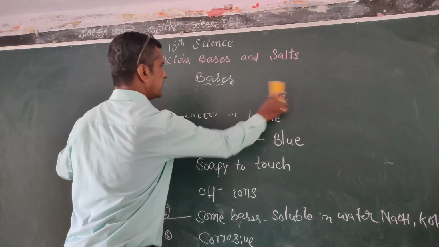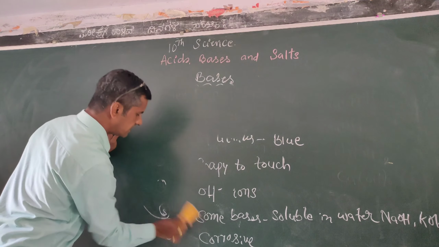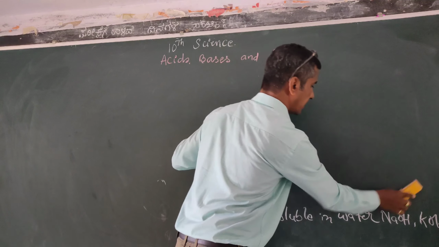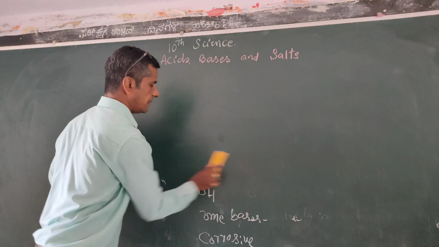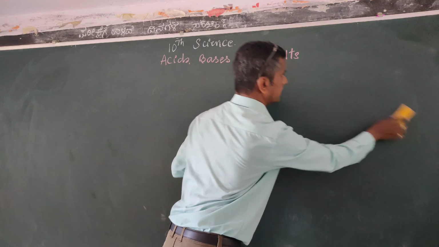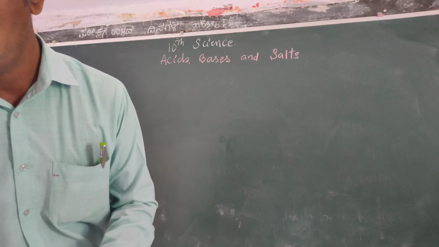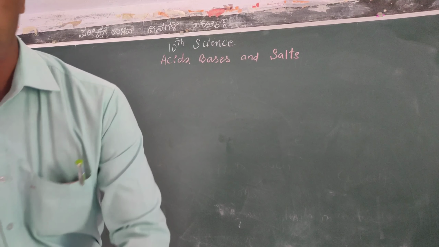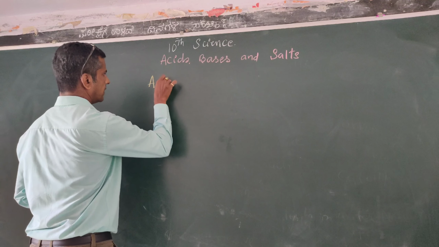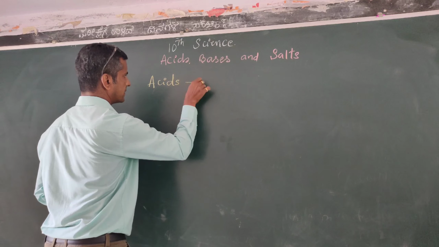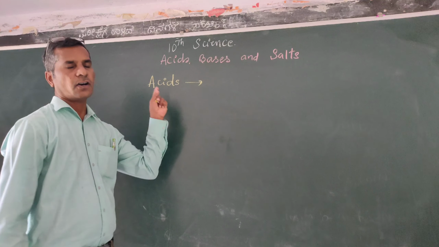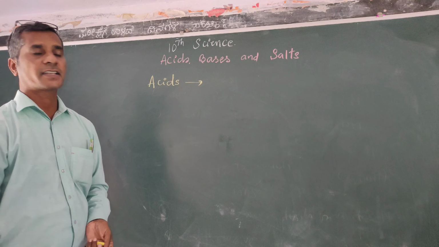After understanding the examples of the acids and bases, also the general properties, now let's move to the definition for acids and bases. What is the exact definition for the acids? How can you define the term acid? Students, no doubt acids are usually in the aqueous condition.